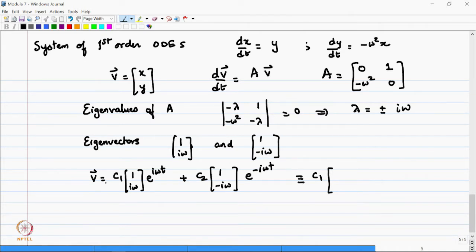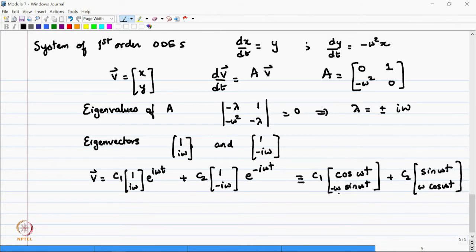These are not exactly the same as before. So I can write it as C1 (cos omega t, minus omega sin omega t) plus C2 (sin omega t, omega cos omega t). So I can absorb all these and write this in this form.